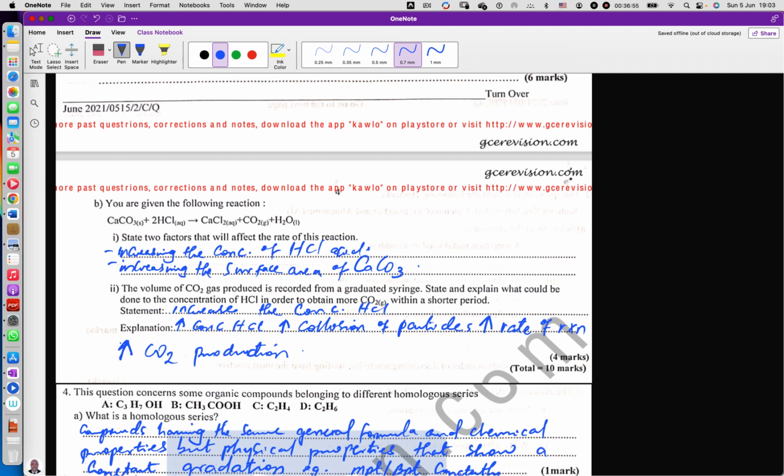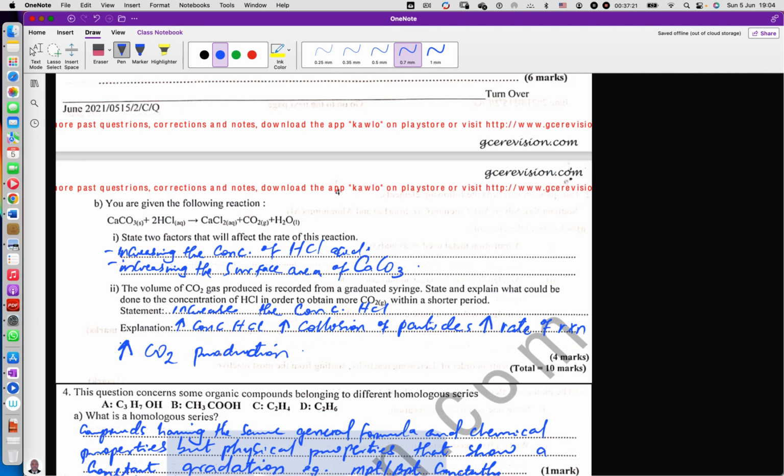If you increase the concentration, my arrows that are going up are showing increase. If you increase the concentration of hydrochloric acid, there is going to be more collision of particles. And subsequently, there's going to be an increase in the rate of reaction.